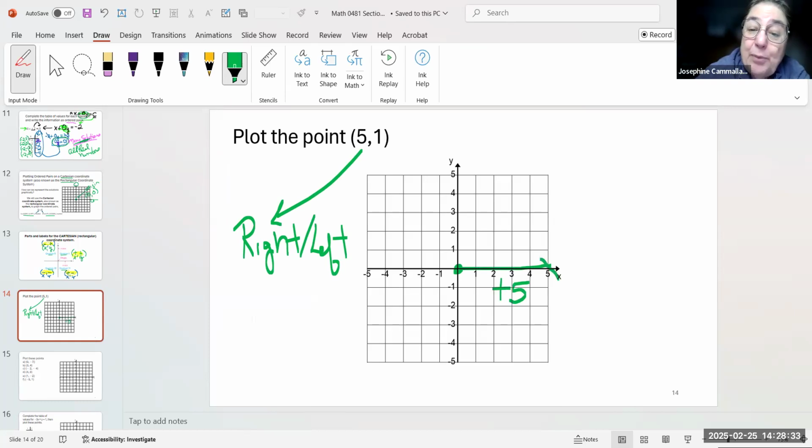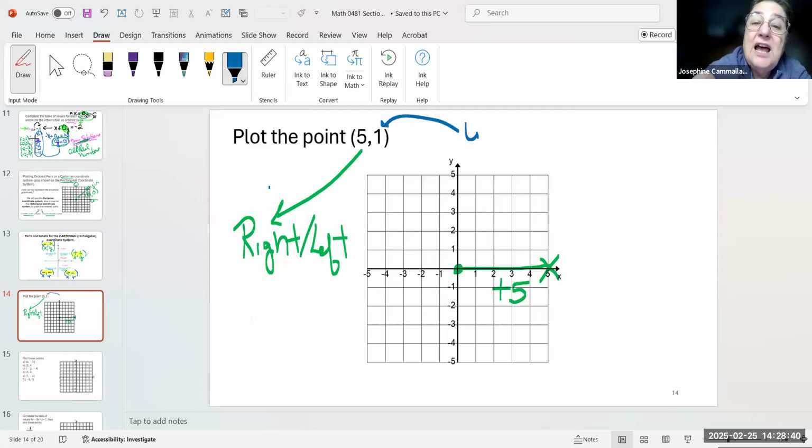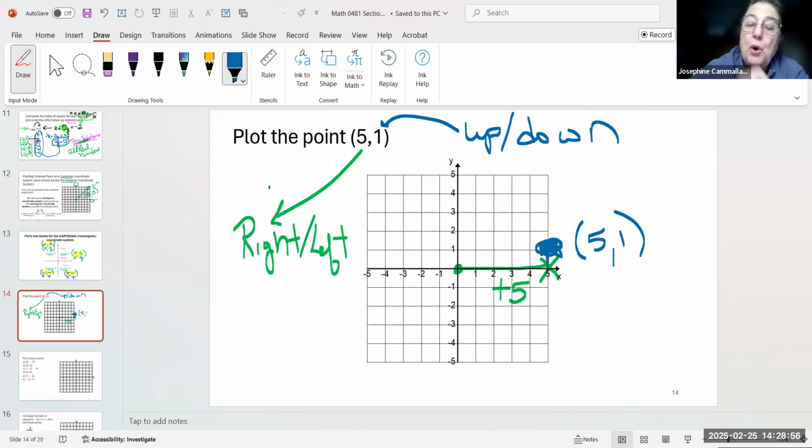Now, from this point, I'm going to go up or down 1. Well, since 1 is positive, I go up, and this big blue dot is my (5, 1). I go right because 5 is positive, and I go up because 1 is positive.